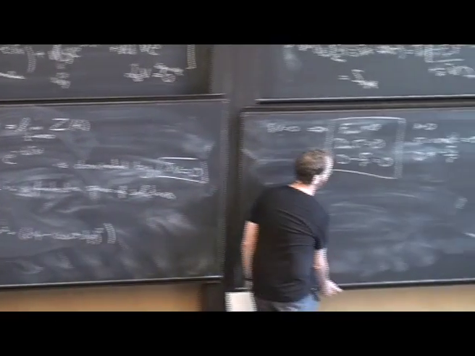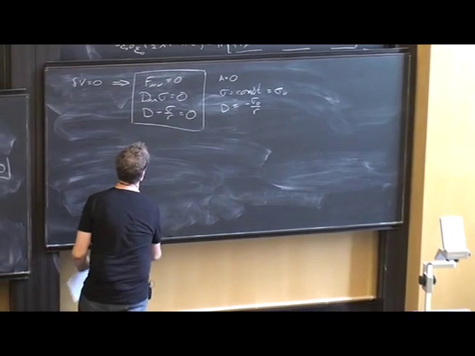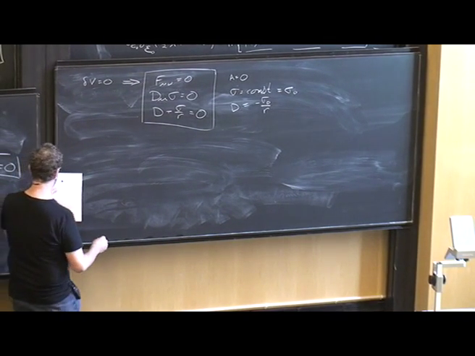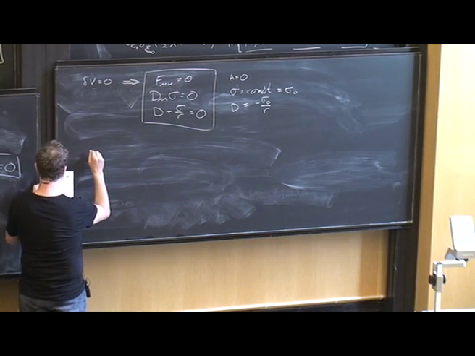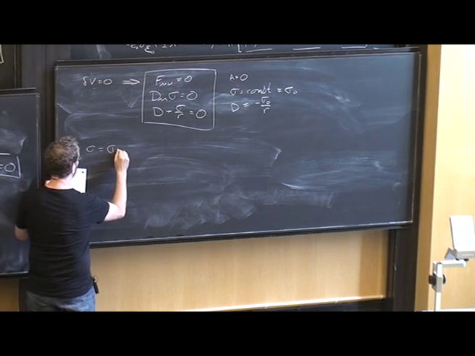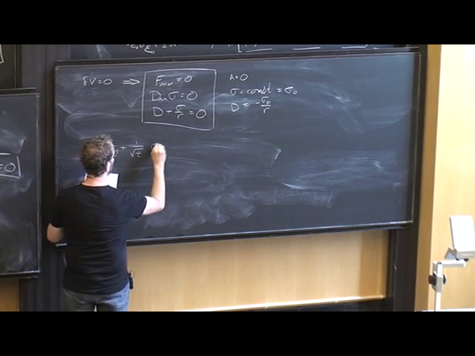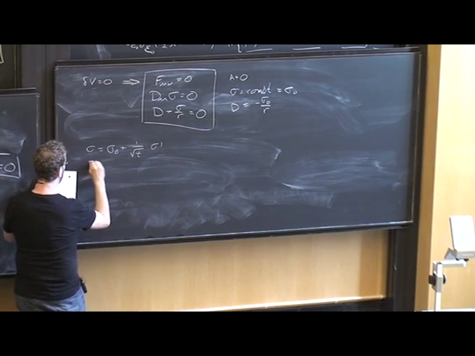So let me expand all the fields around this point. I'll define sigma equals sigma naught plus 1 over square root of t sigma prime.